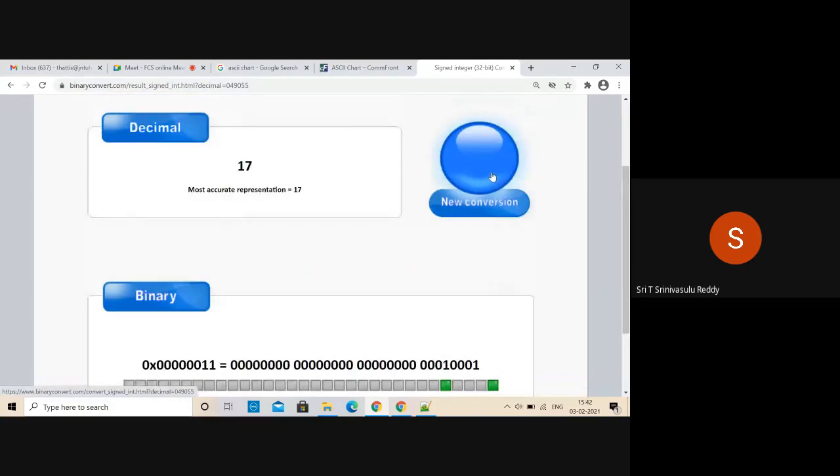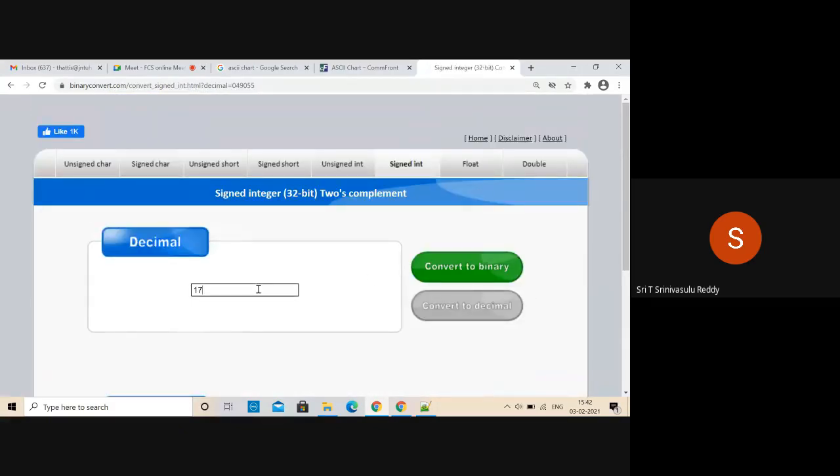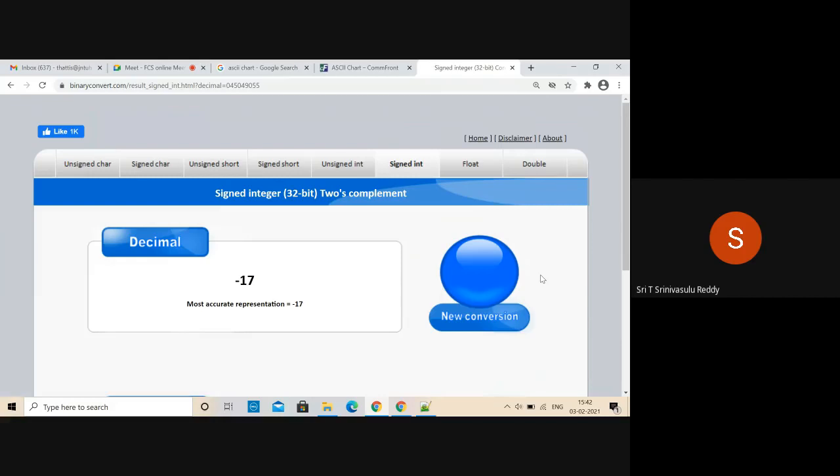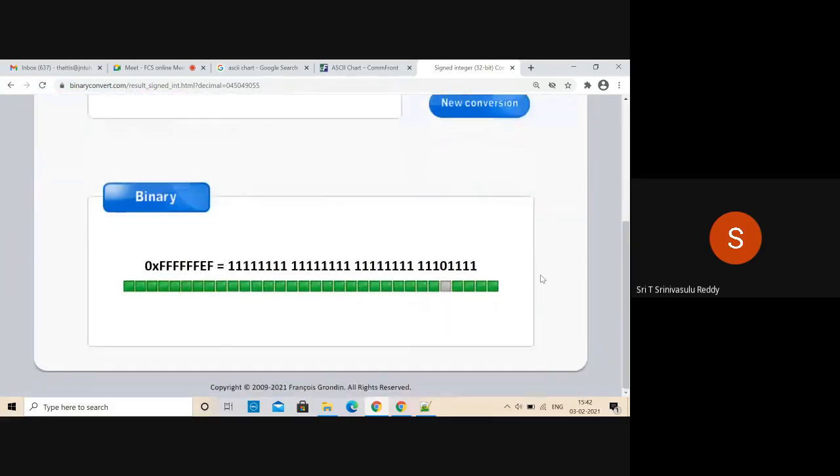Now one more conversion we want. You click on new conversion and write down minus 17. How is minus 17 represented? Convert to binary. Minus 17 is represented in this fashion. As you can see, all ones, and then there is a 0 in this particular position.